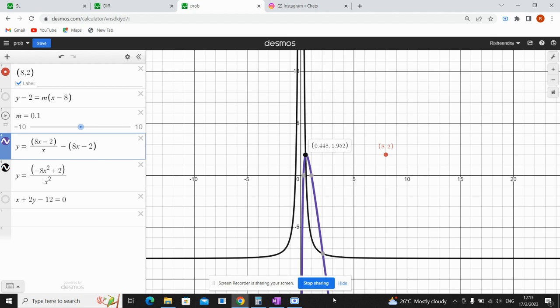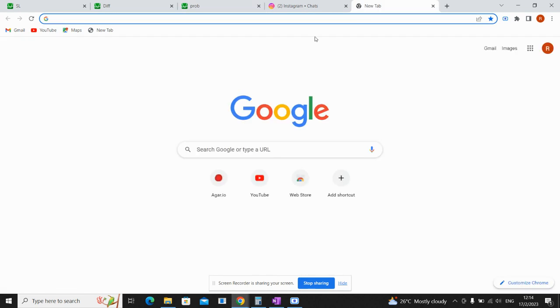For finding it, let's do a bit of double differentiation. I did the double differentiation. Let's do the double differentiation using a differentiation calculator.